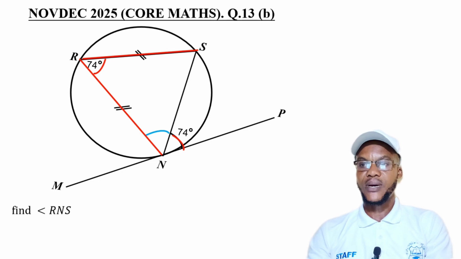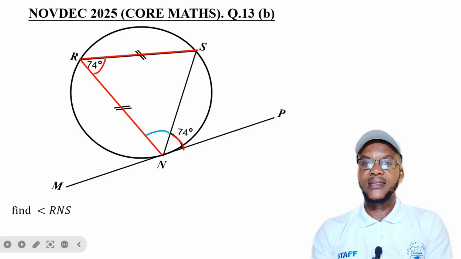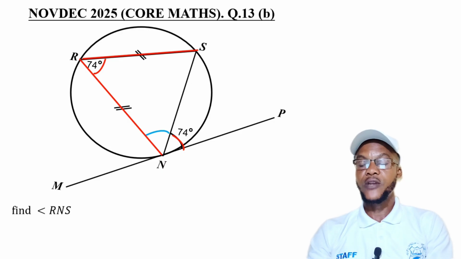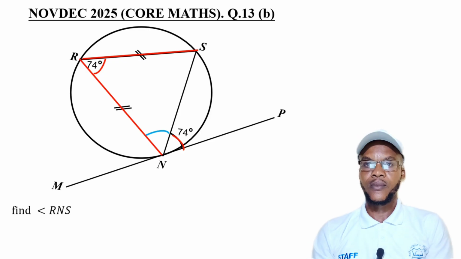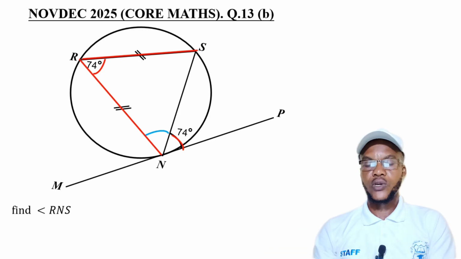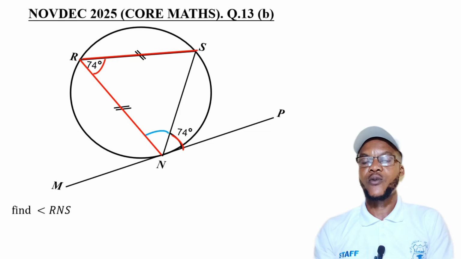So what property is that? A triangle where two sides are equal, what name is given to it? Think about it. We know that it is an isosceles triangle, when two sides are equal.